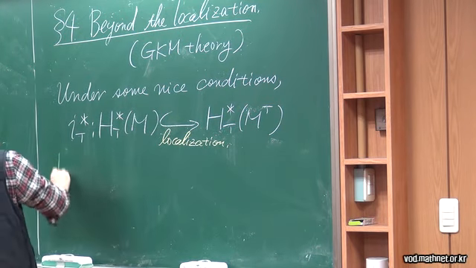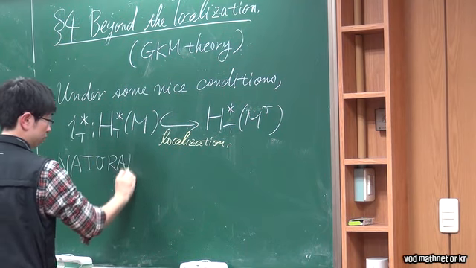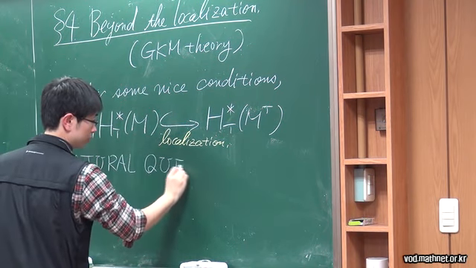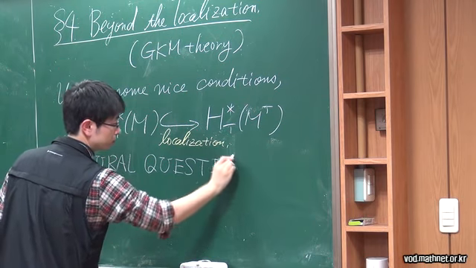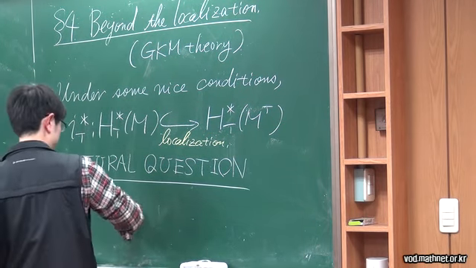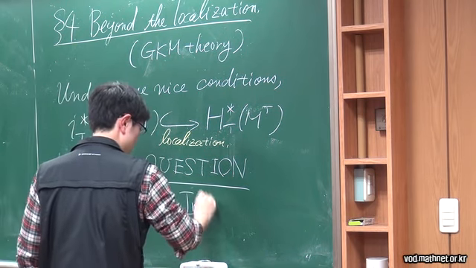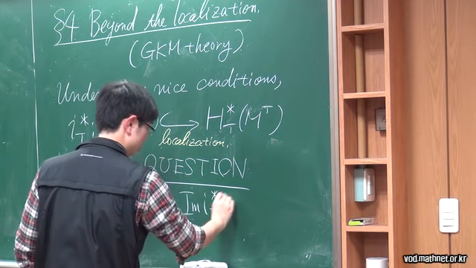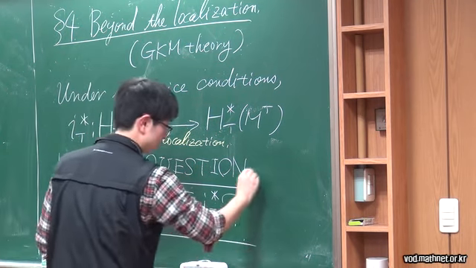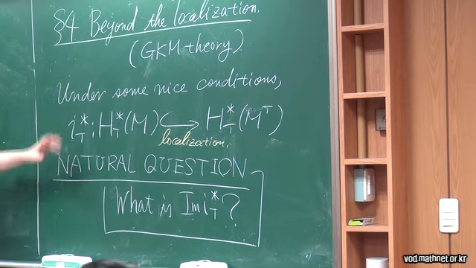So the natural question arises: what is this image? If we know this image, then we almost know the ring structure of the equivariant cohomology.